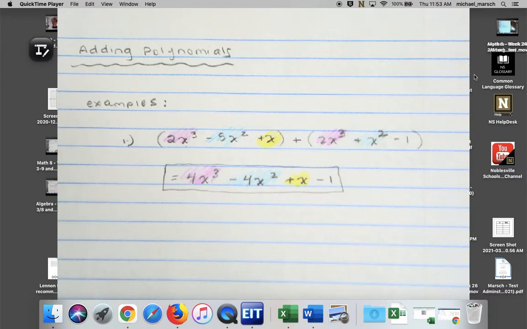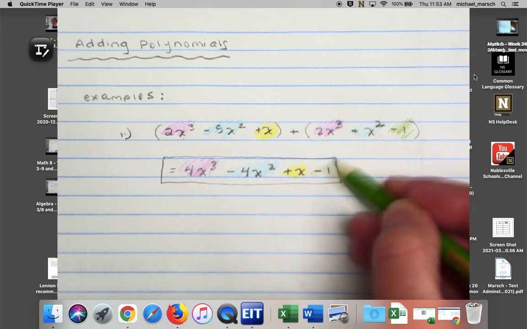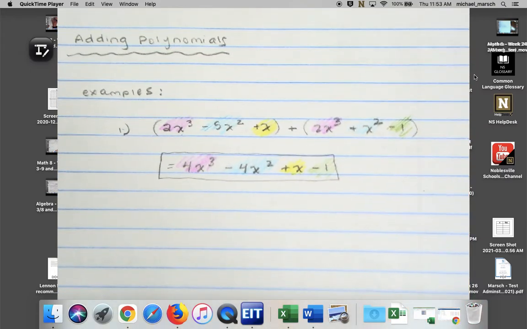Let's do green. And then this one is by itself, and so it's by itself down here. Yeah? You see it now? I see it. Did that help? It's all coming together.